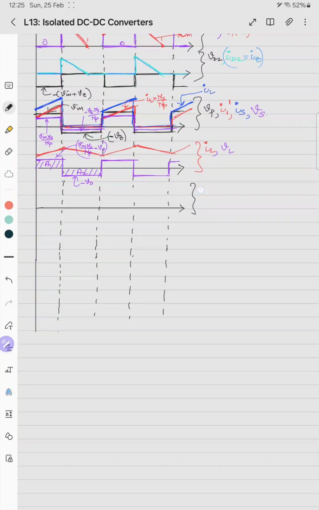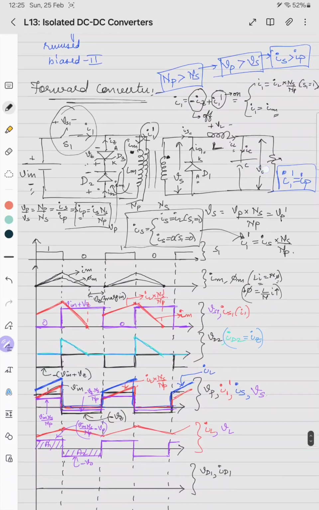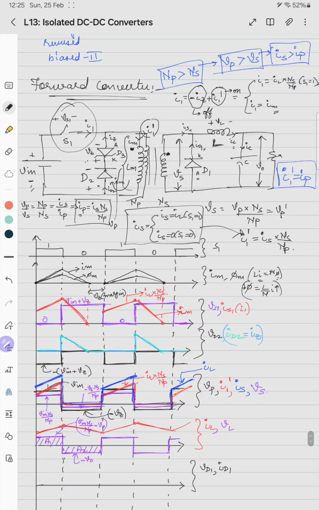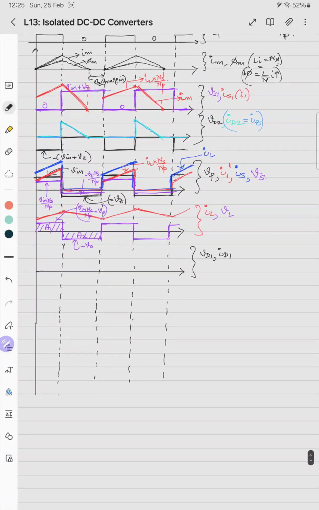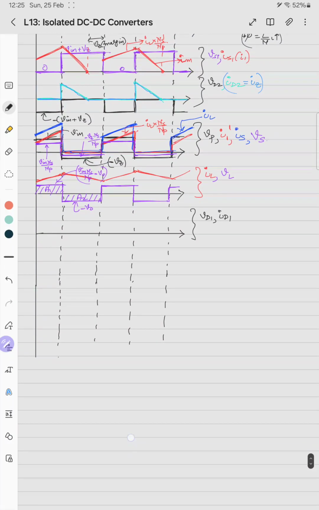Then VD1, ID1. VD1 is VAK, so VD1 is equal to VS. When the switch is on, what is VS? VS is Vin into Ns by Np. And then it becomes 0. This is Vin Ns by Np, and this is 0. That is VD1.